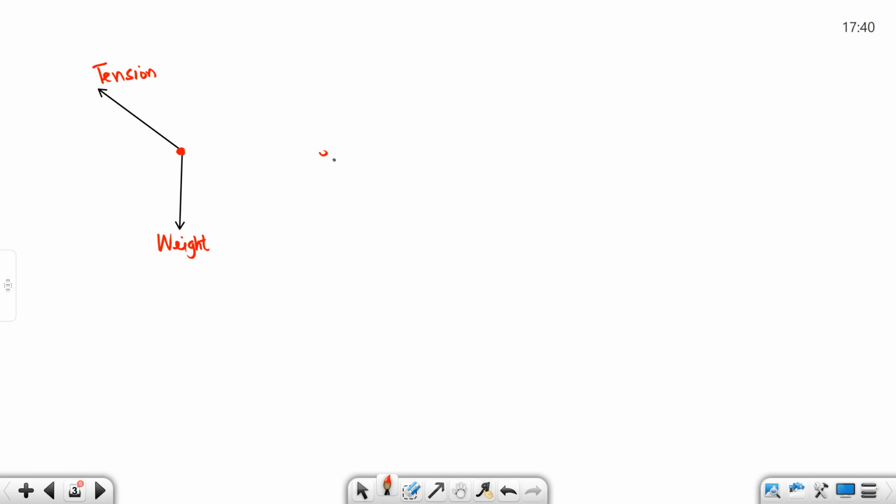The weight is fine, being a vertical force. But what happens to the tension? We have the vertical and the horizontal. And the vertical will be going up, and the horizontal will be going left.